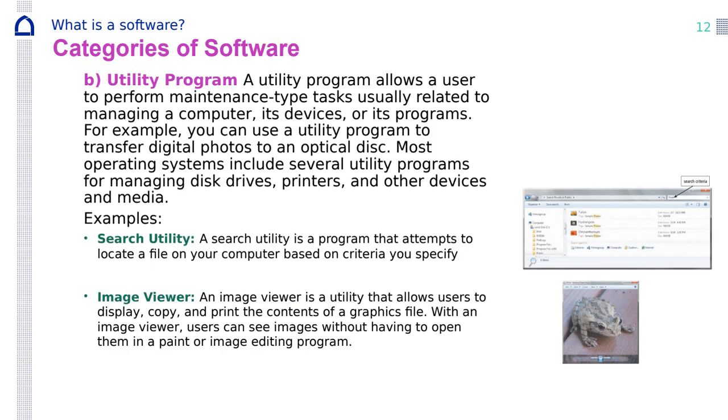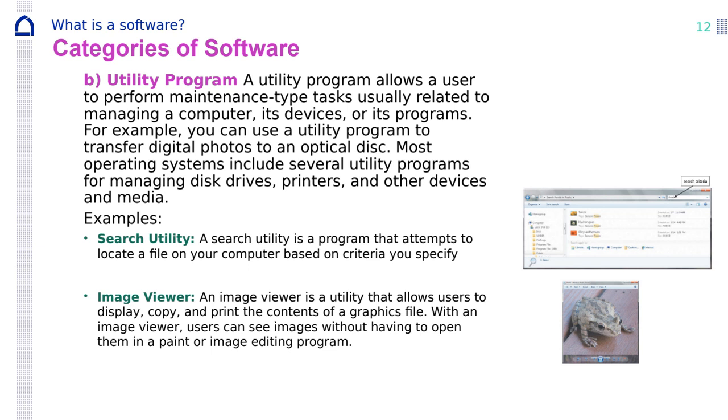طيب, what is the second type? We said the category is, first you said system programs, the other one is utility programs. What is utility program? Utility program allows a user to perform maintenance type tasks, yani such as file viewer, search utility.